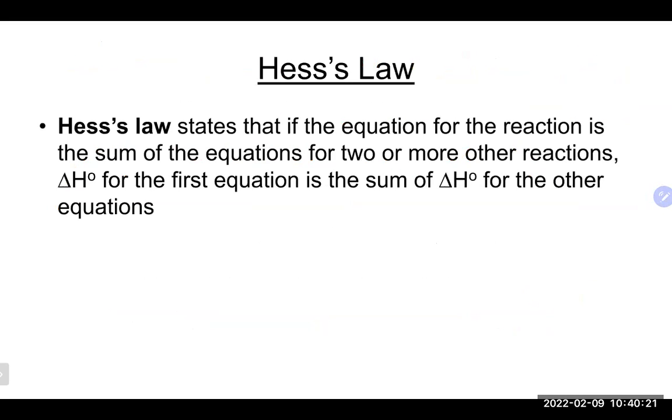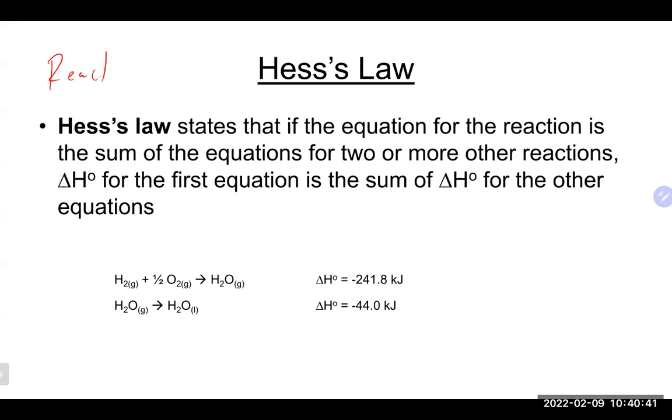So where this comes into play is an idea which is referred to as Hess's Law. And Hess's Law is the idea that not all reactions occur in a one-step process. Very commonly, people think that we start with our reactants, we get to our products, and that all happens in one quick step.